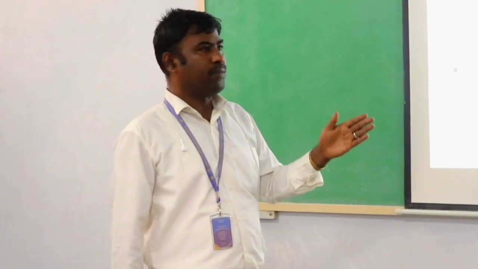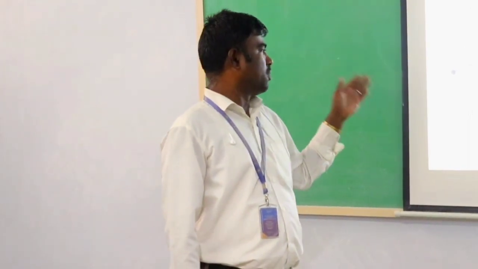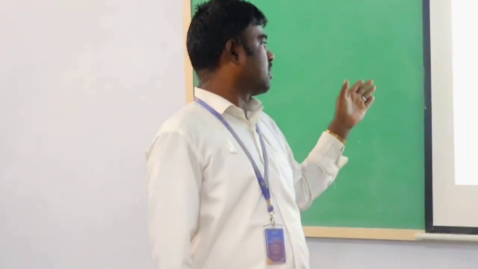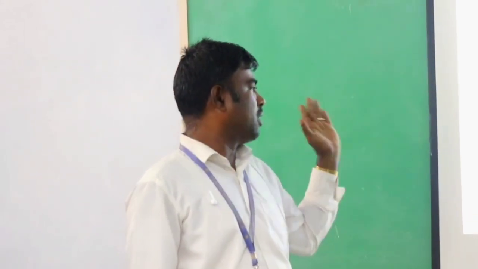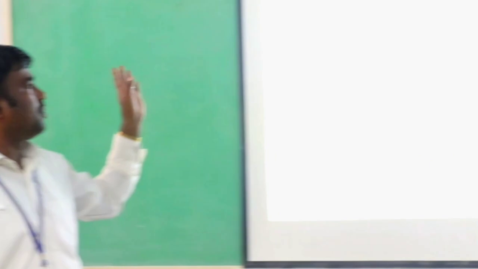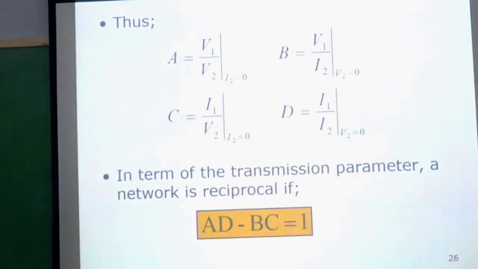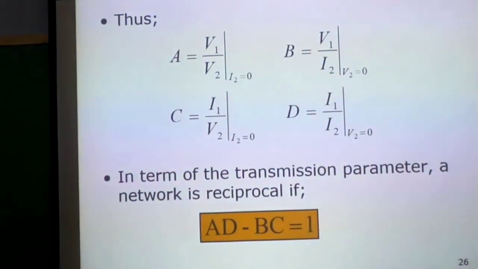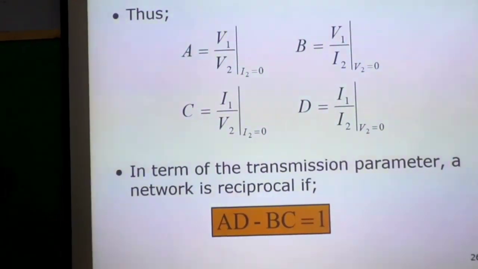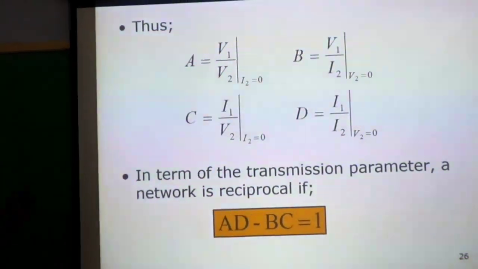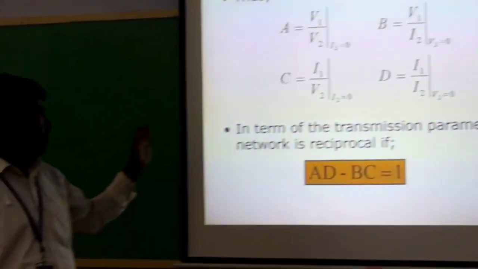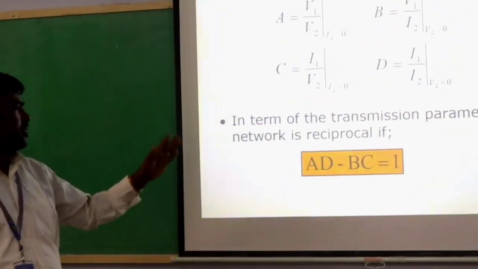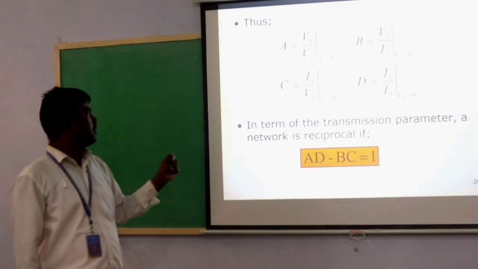Similarly, with I2 equal to 0, the current equation is open circuited and the voltage equation is short circuited. After applying all the conditions, finally we get A equals V1 by V2, B equals V1 by I2, D equals I1 by I2, C equals I1 by V2. The condition for network parameters is AD minus BC equals 1.